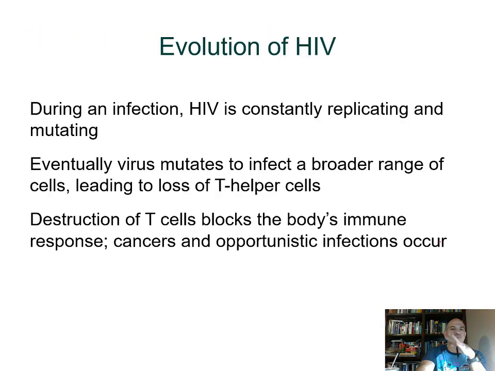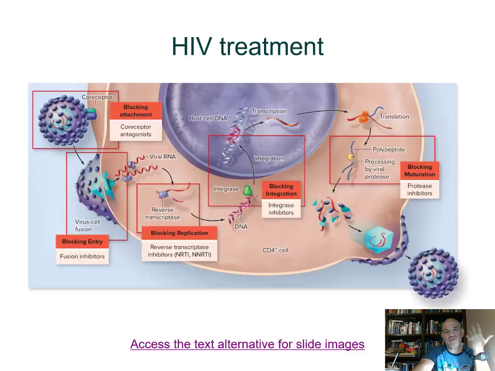And the problem here is that over time, once the T helper cells start becoming infected, for whatever reason, which is not well understood, the T helper cells, when they're releasing the new HIV viruses, end up dying in the process. And so, once you destroy those T cells, then you have these opportunistic infections that end up killing the individual. This is when they start showing AIDS, the acquired immunodeficiency syndrome. They're just not able to fight off other infections.